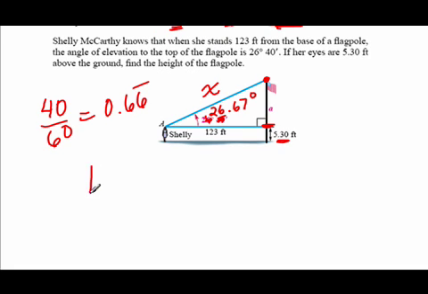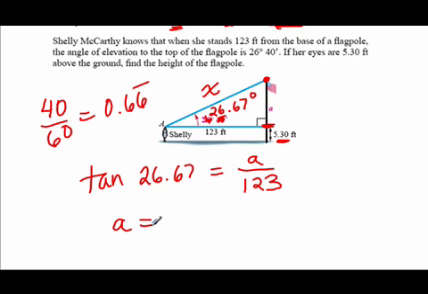So the tangent of 26.67 degrees equals opposite side A over adjacent side 123. So side A will equal 123 times the tangent of 26.67.